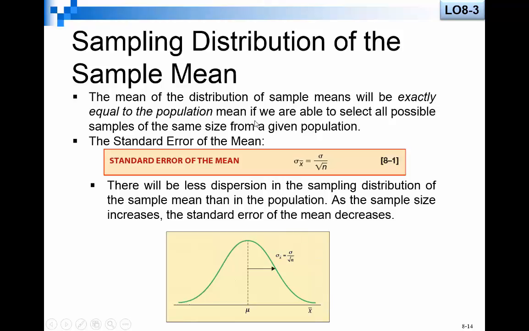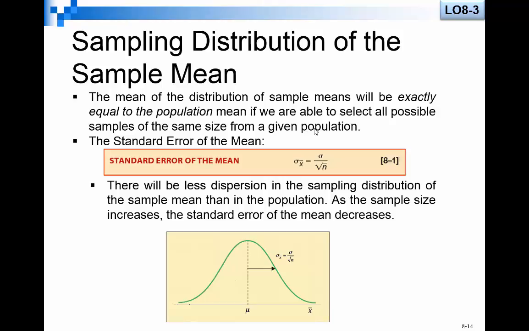Now, when we do that, we end up with the mean of the distribution of the sample means. And if we pull out every mean from the population, we will find that the mean of the distribution of the sample means will be exactly equal to the population mean if we are able to select all possible samples of the same size from a given population.